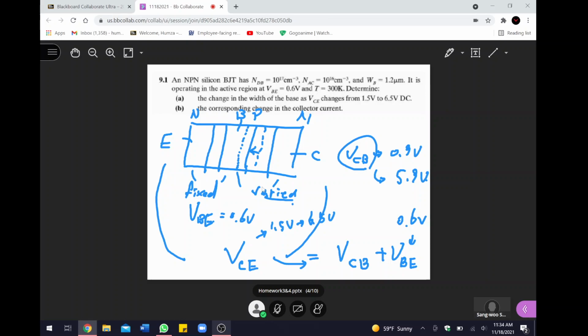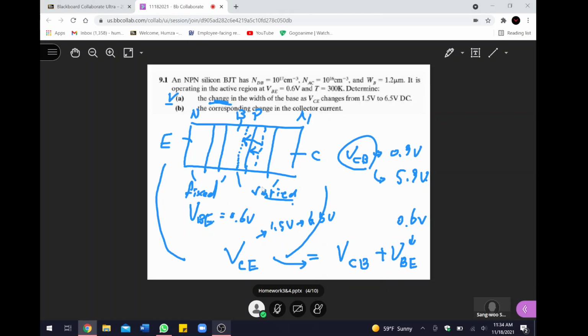Let's say this is the initial depletion region. When you apply more reverse bias, the depletion region in the base is going to change, and that effectively changes the base width. So the first question is asking how much change happens in the base.